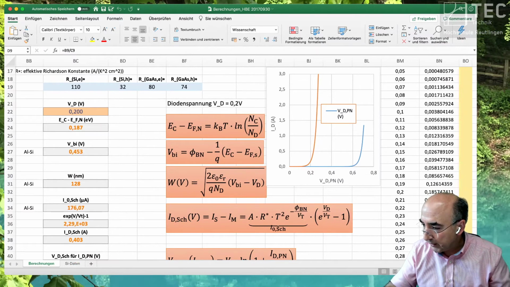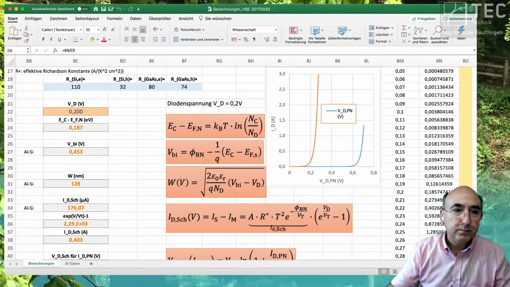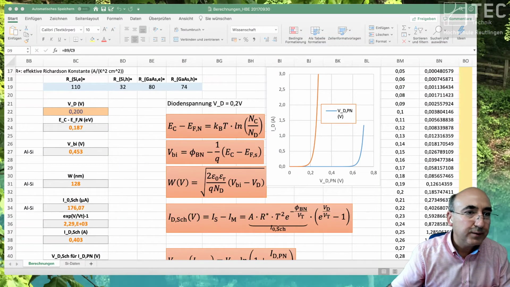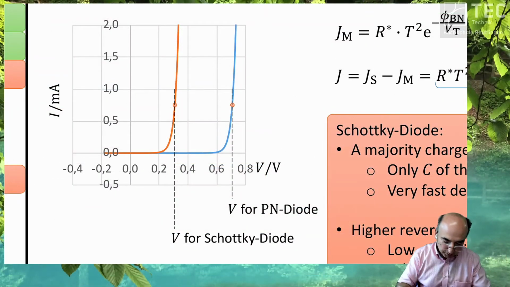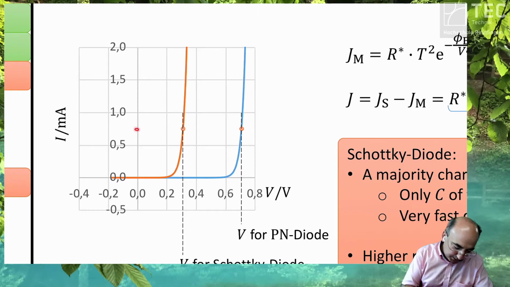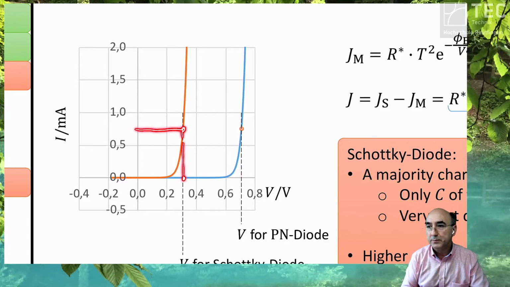We haven't learned that yet, but we see the result. The direct result is that you can analyze it on your spreadsheet yourself, copy-paste this image into my lecture notes. We have the same current level at a much lower voltage level. That's the main reason why you use Schottky diodes.